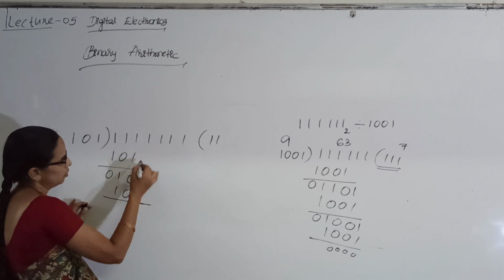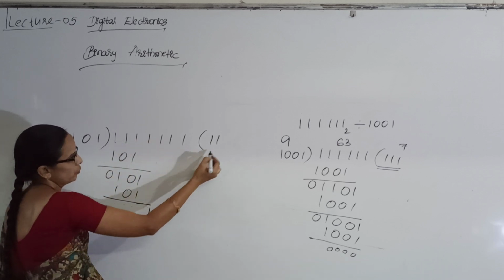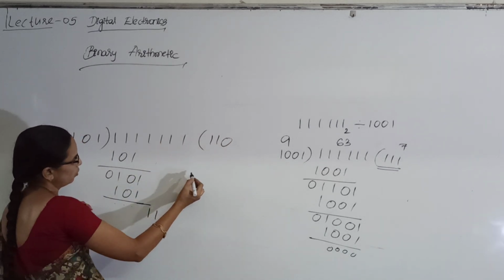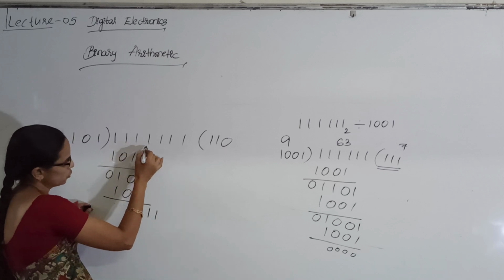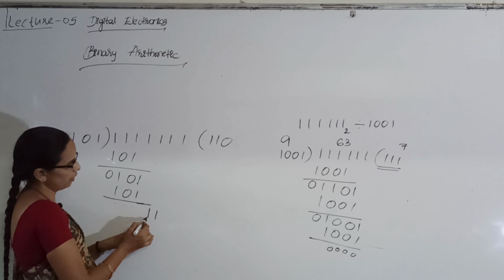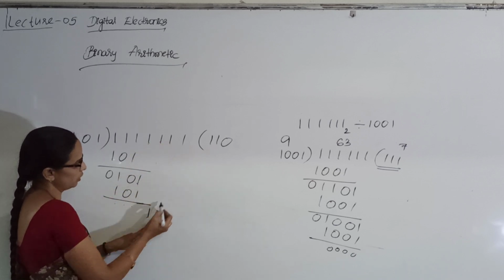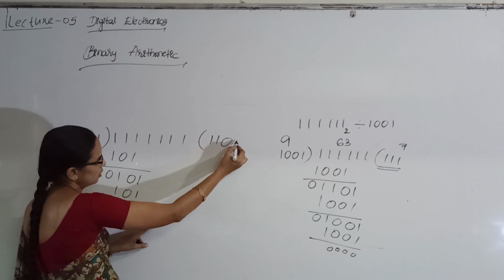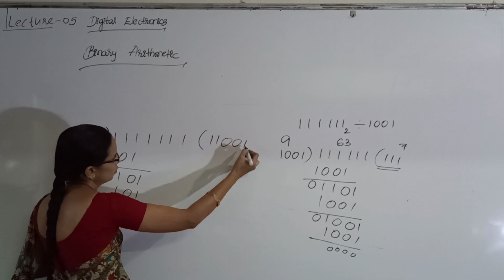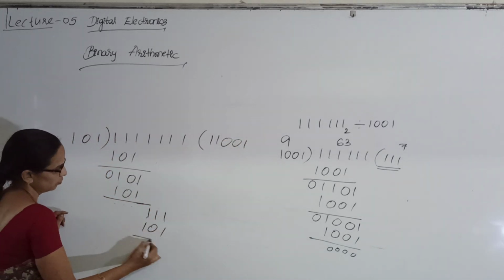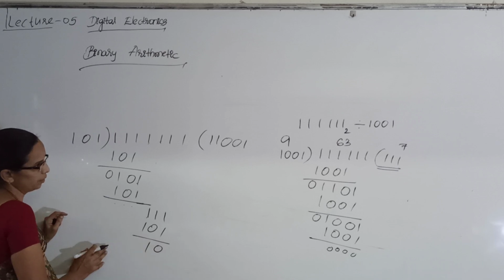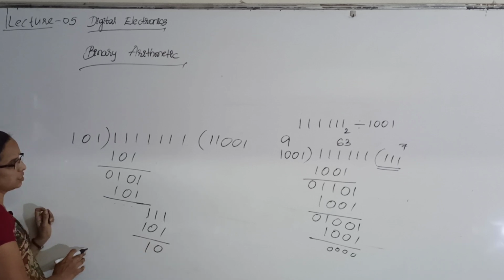Again you will take one more bit into consideration. Cannot, will take one more. Up to this you have taken here. After that I have taken one more. It cannot be divided. Again I have taken, put 0 and taken one more. It cannot be. So put one more 0 and take one more, and it is ones are 0 and 1. This will be the remainder, I guess.